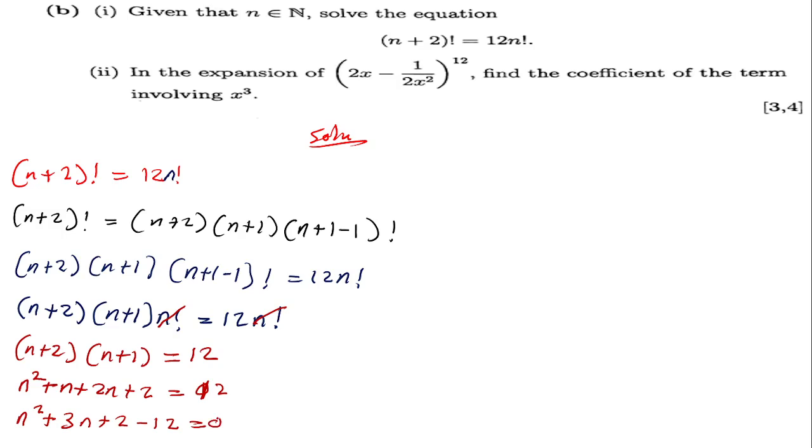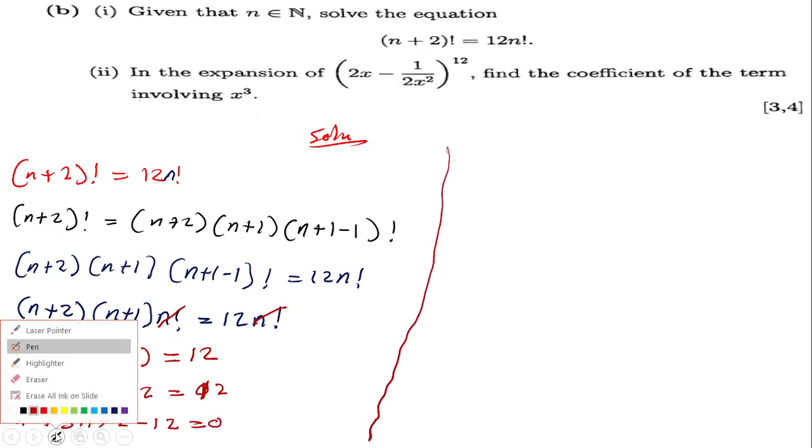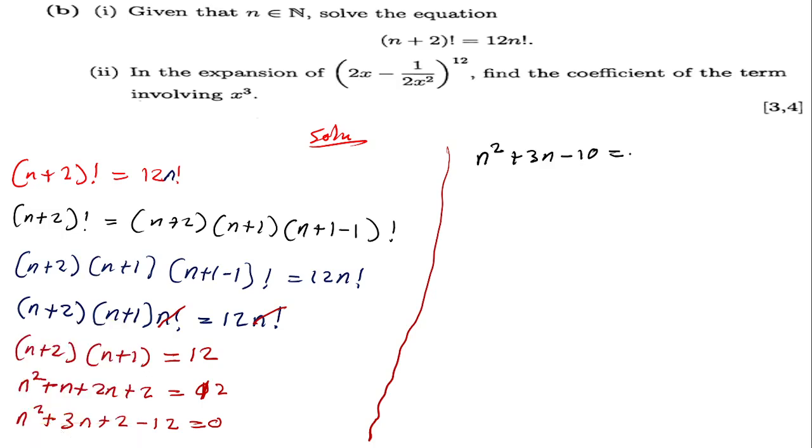The 12 has crossed the equal sign, that's why it has become negative. With that in mind, we can say n squared plus 3n minus 10 is equal to 0.